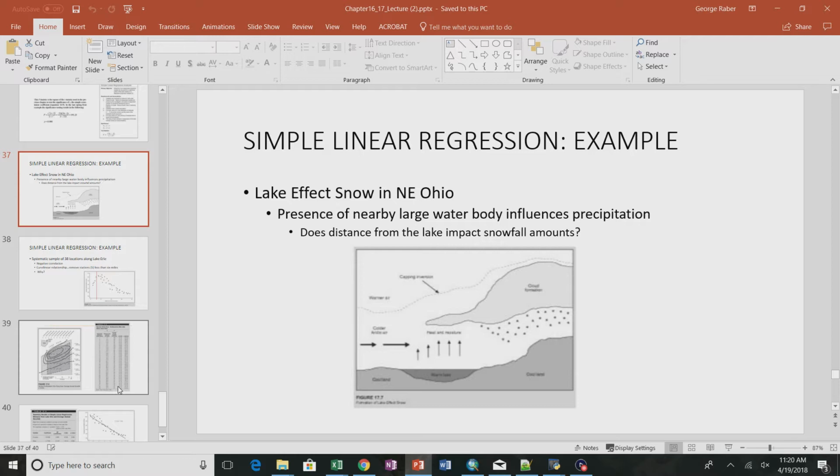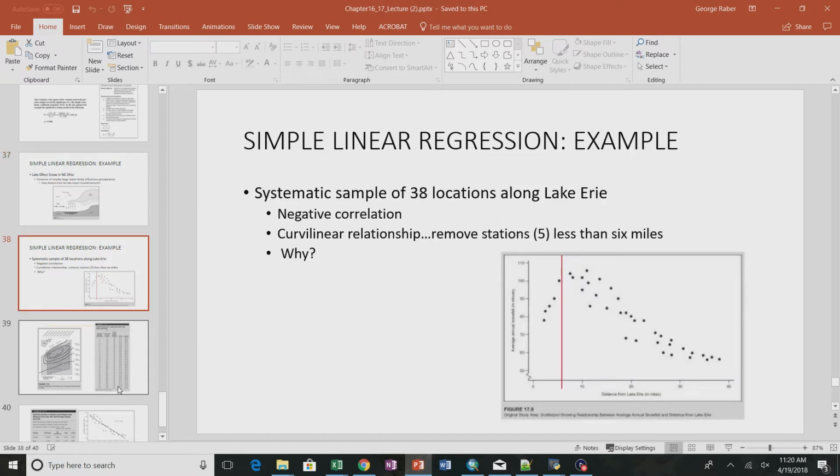It is snowfall. So if we look at a scatter plot of snowfall and distance from the lake, it looks like this. And you might actually get a relationship that looks like that for something that you're doing. In this case, it looks like really close to the lake there's this weird relationship.